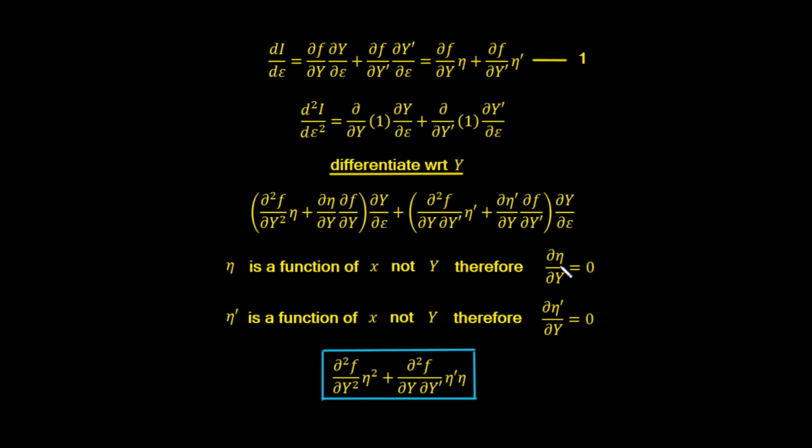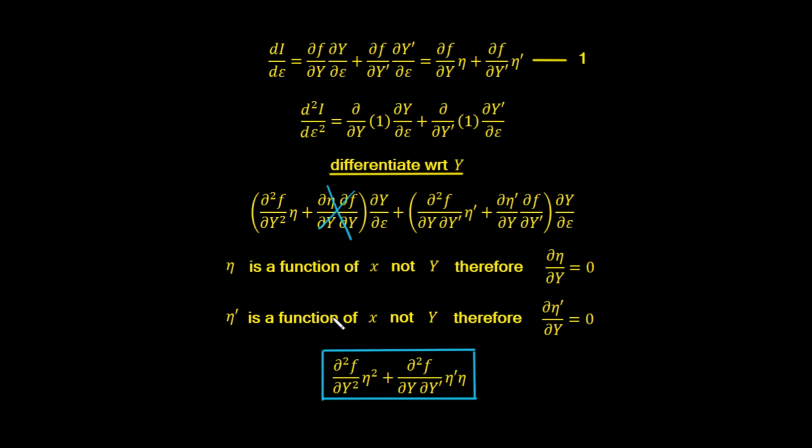So that means that we can take one of the terms here and get rid of it. So our partial eta by partial y is 0, so this term here becomes 0. Disappears. So we're only left with this part here of this one.